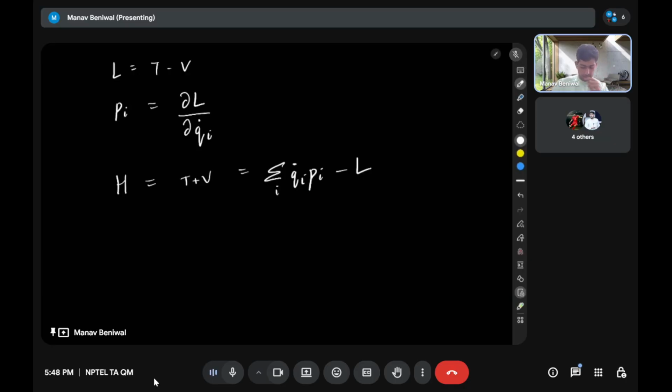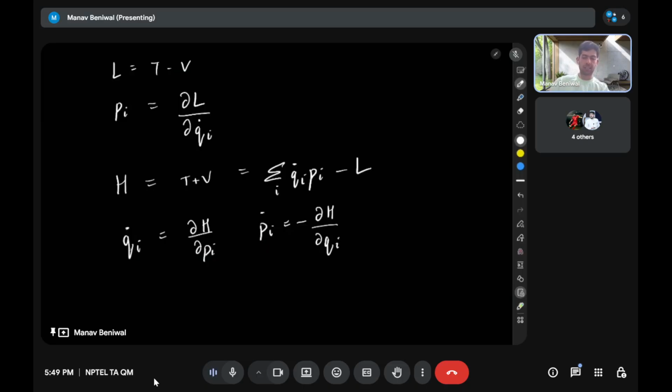Now in the form of the Hamiltonian, we have these two important equations: qi dot is del H by del pi, and pi dot is minus del H by del qi. I'm just writing some equations which we will use later.